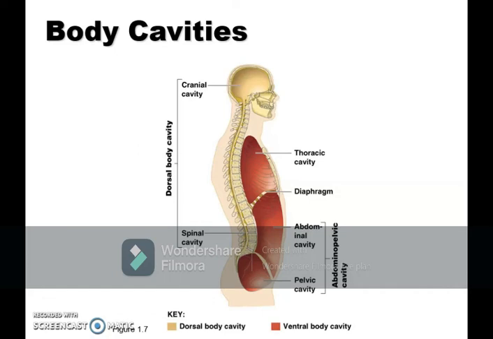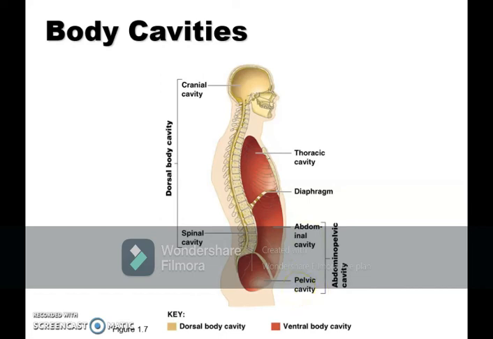Now, how about the abdominopelvic cavity, which consists of the abdominal cavity and the pelvic cavity? The lower part of the ventral cavity can be further divided into two portions: the abdominal cavity and the pelvic cavity.